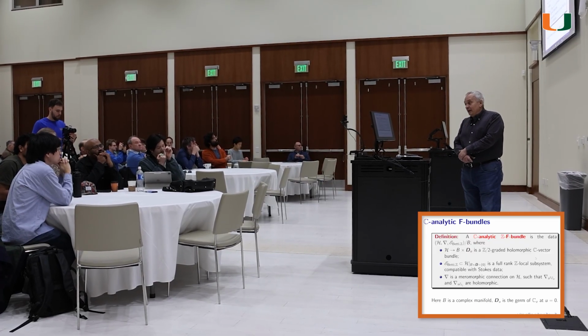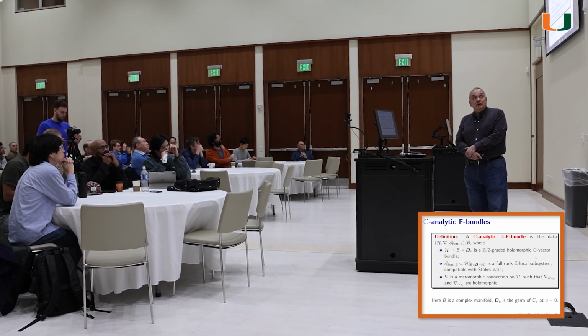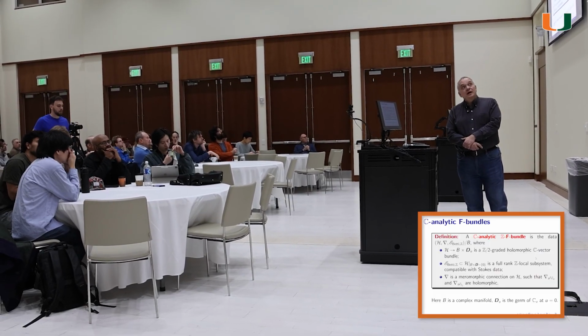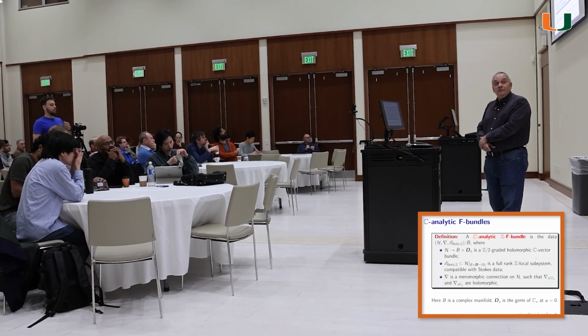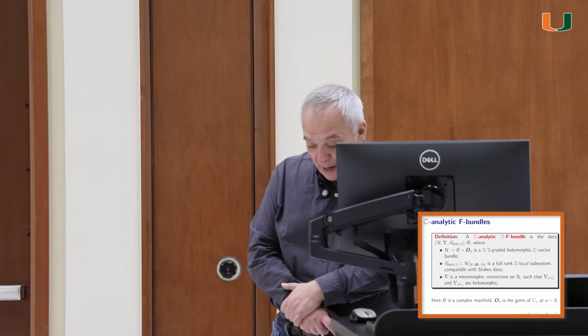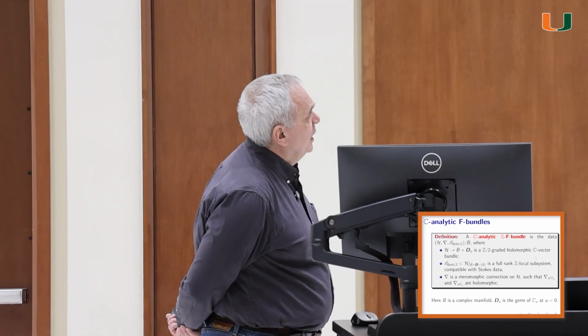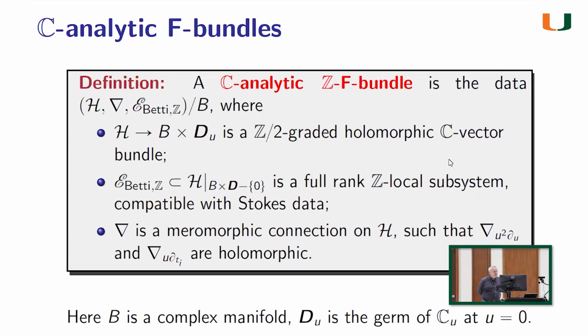And the Z structure is a lattice, a local subsystem of full rank free abelian groups. There is a very subtle condition, which really is what makes this non-commutative Hodge theory work.